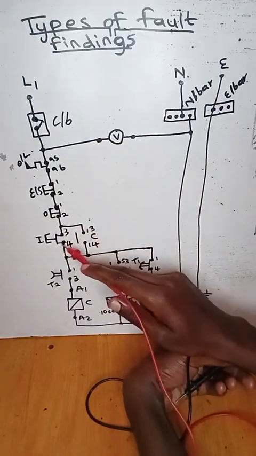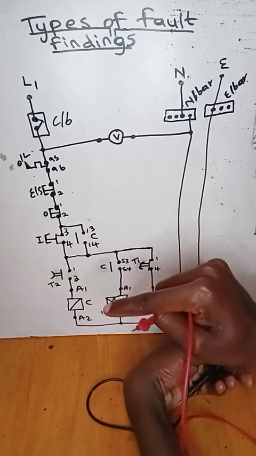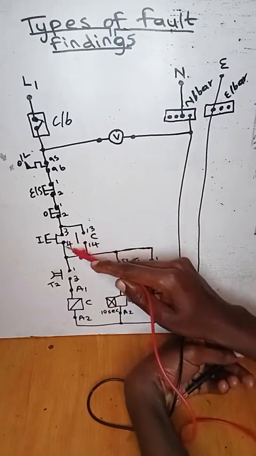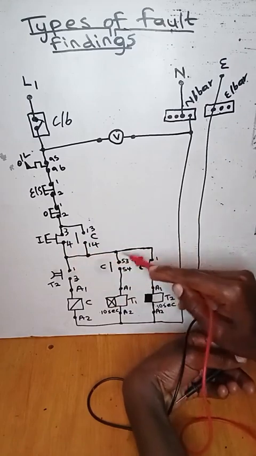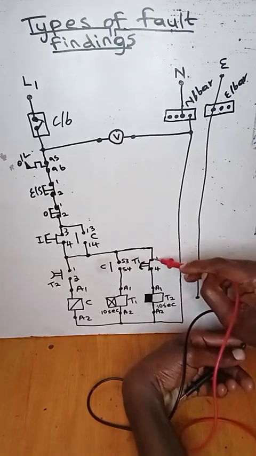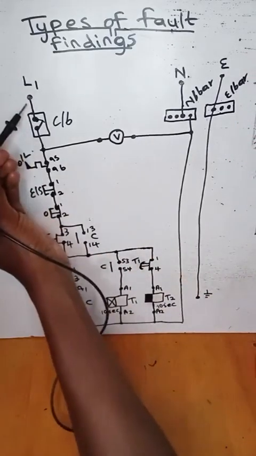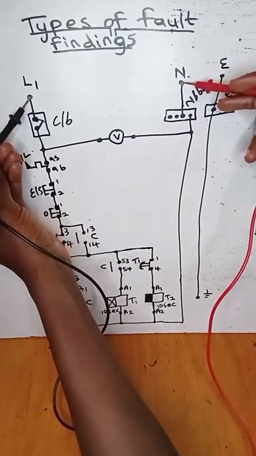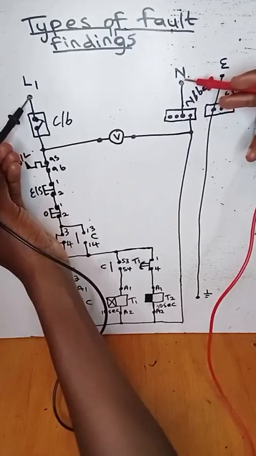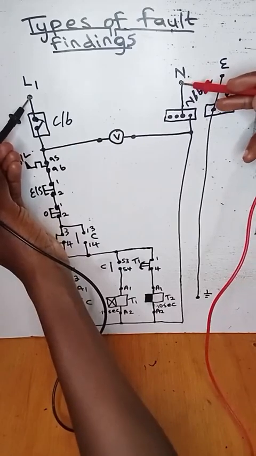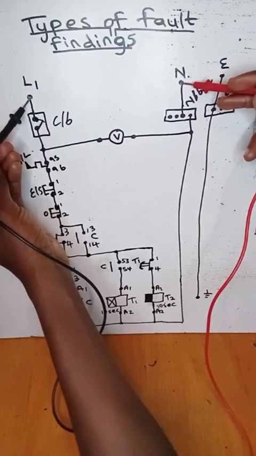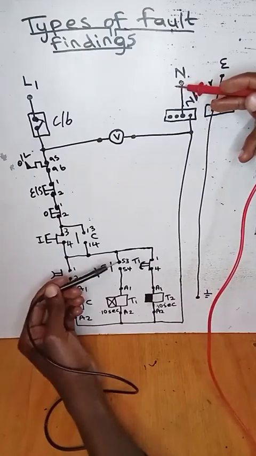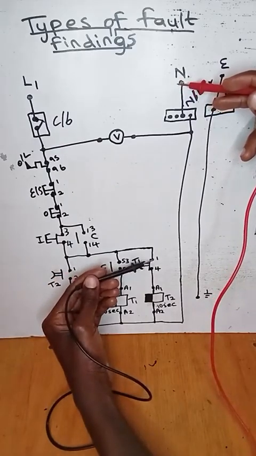Our live current starts from here and ends here, and also ends from here to here, right? But since we are holding our start button down, it means our current also flows until here and until here and also until here. So when I test my live current from here and my neutral from where it starts, it's the same as I've tested my neutral with the live until here and until here, right?